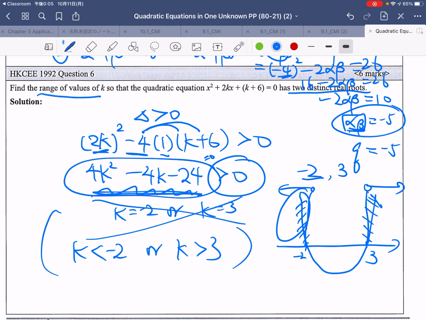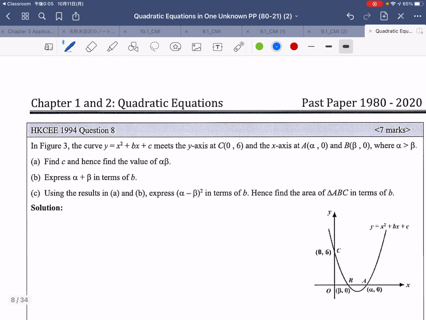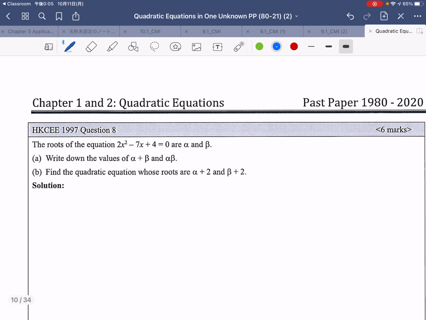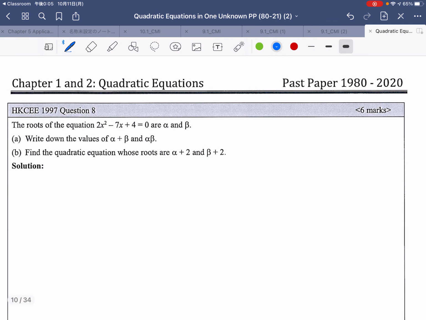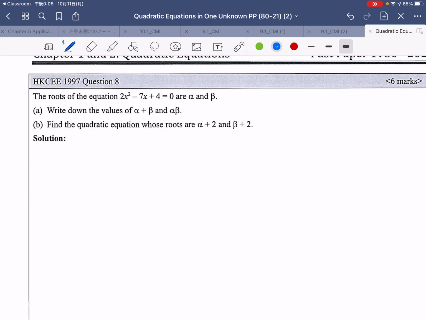So for the question on page 10, we go to page 10. Okay, this one, you need to find the sum of roots and the product of roots for these two roots.